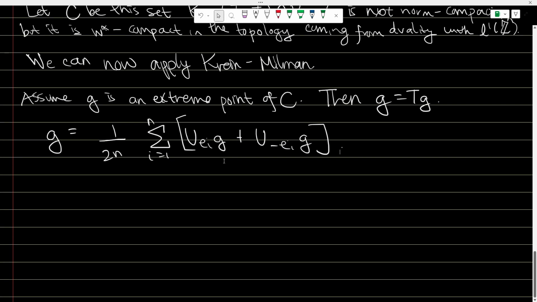What's this? This is actually, and this is the cool part, a big convex combination.